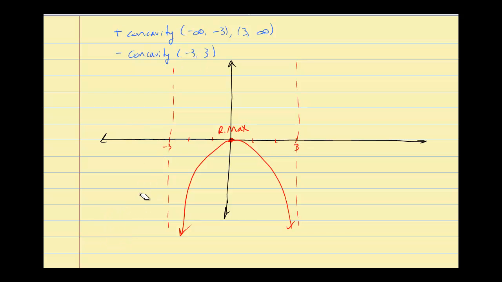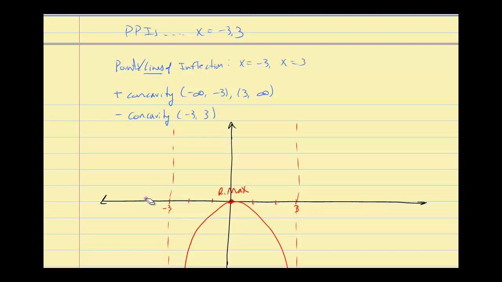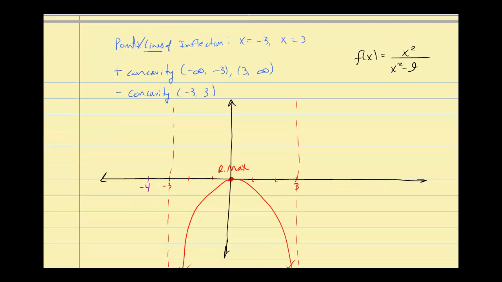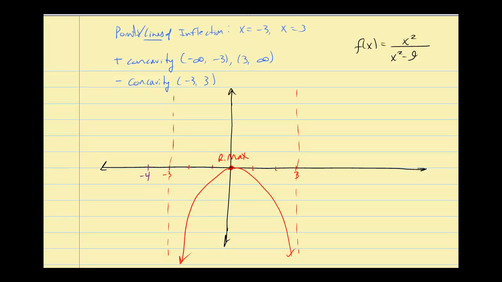So what might help is to actually plot a point. Let's say at negative 4. Now let's recall what our original function was. My original function was x squared over x squared minus 9. And if I plug in this point of negative 4, I only really care about whether it's positive or negative.